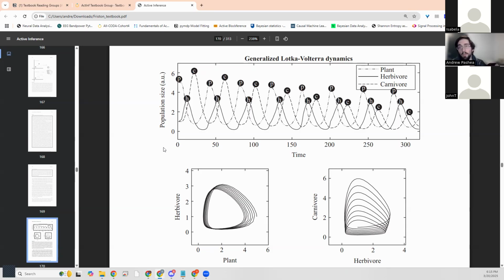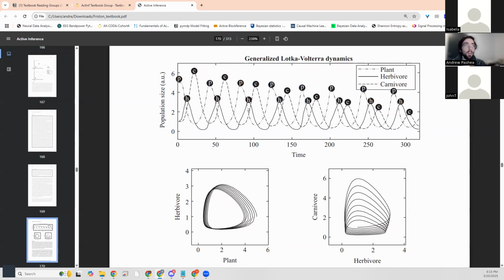Otherwise, their population will completely die out. Because of the dependencies between these three different organisms, their populations fluctuate over time as one proceeds to consume the other, and yet they come back with reproduction.